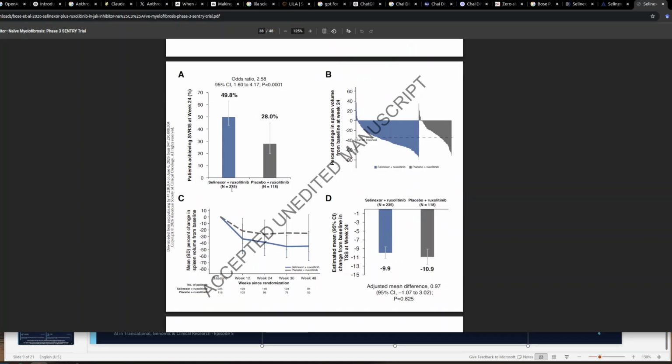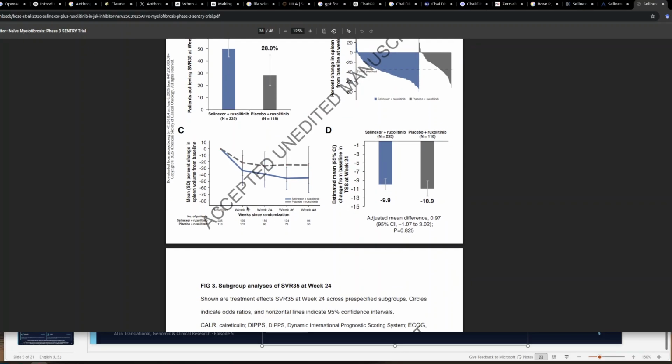So if you see, when you're using selinexor plus ruxolitinib it's 49.8%, whereas using only ruxolitinib it's 28%. So the patients are getting better.